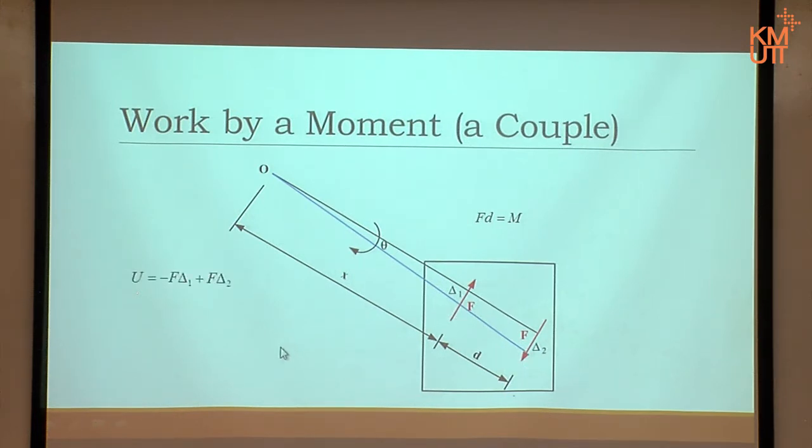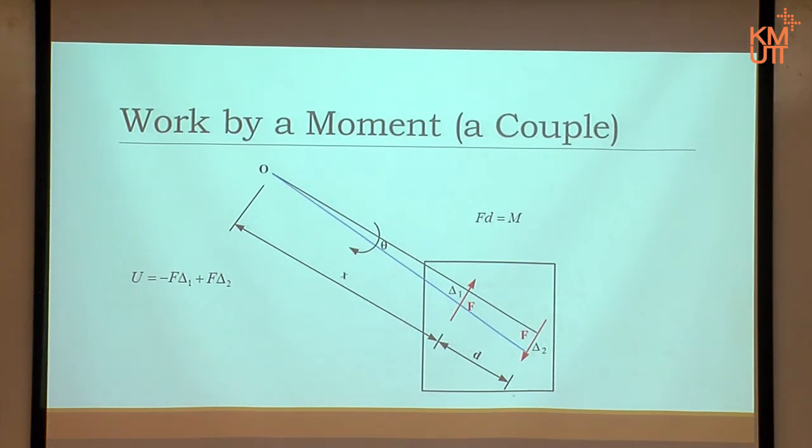Now notice that this F is going that way, but when you rotate this way from black to blue, delta goes from the black line to the blue line. The force goes that way, delta goes that way, negative, opposite direction, right? We just discussed. However, that force moving downwards, the point also moves from the black line to the blue line, the same distance, the same direction. The work done is therefore positive, F times delta 2. Okay? So that's the total work done by these two forces, which equals the moment, of course.